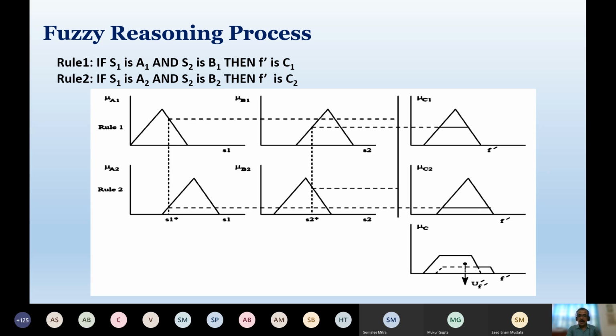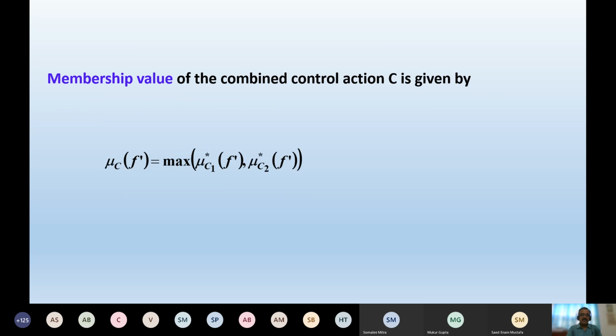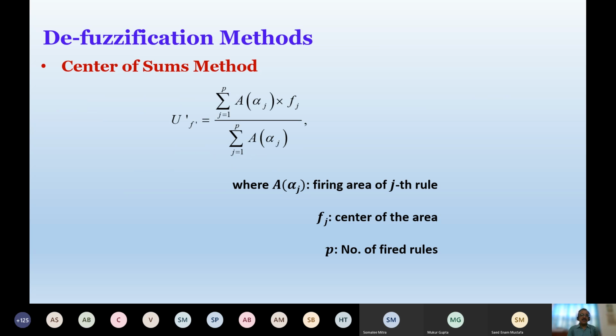You can see that one small triangular area is considered twice. And if it is considered twice or more, what will happen? Unknowingly, I'm going to inject some error into that defuzzification method.